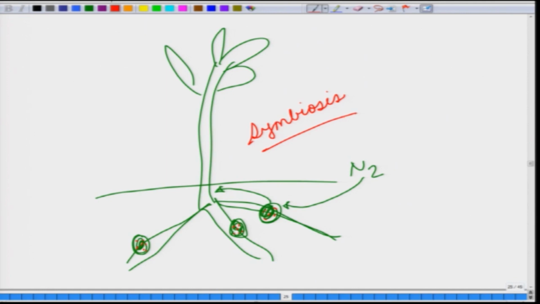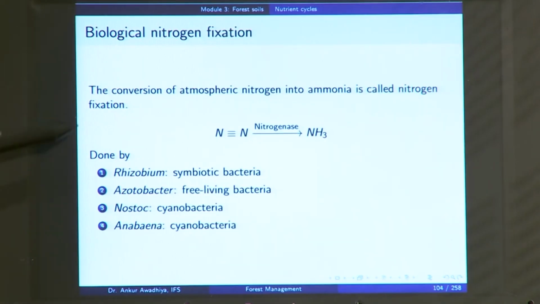So, nitrogen fixation is done by rhizobium, which is a symbiotic bacteria, it lives together with those plants that are having root nodules, and typically these are leguminous plants. So, if you talk about things such as pulses or chana or grams, these sorts of plants also have bacteria that are doing the nitrogen fixation.